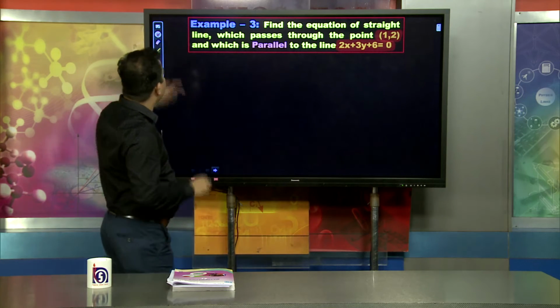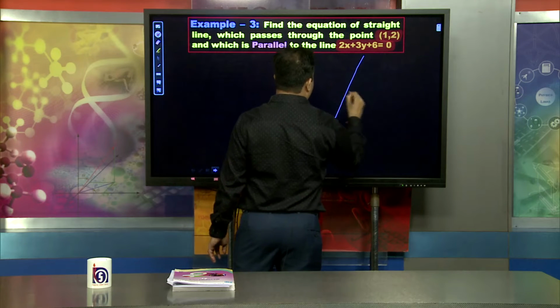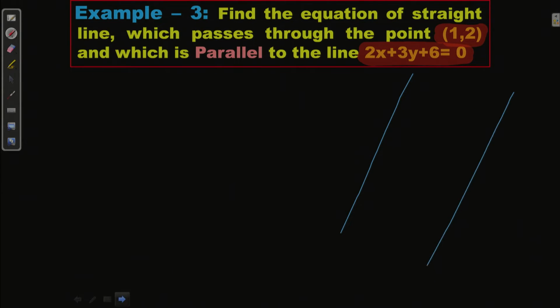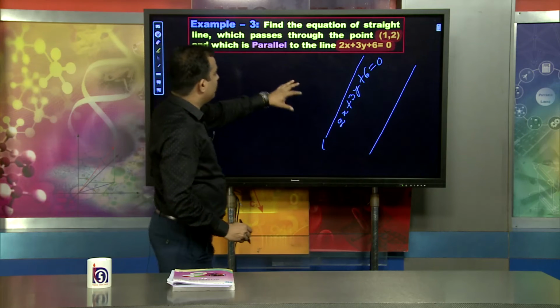So, when talking about two lines, suppose this is one line, this is another line. Suppose this line L, the equation is given: 2x plus 3y plus 6 equal to 0. Find the equation of the straight line which passes through the point 1, 2 and which is parallel to this line.